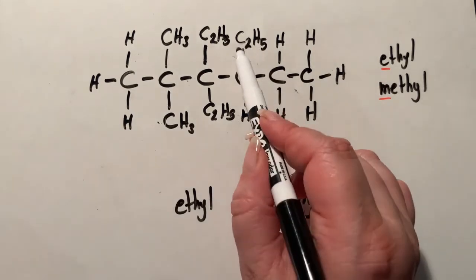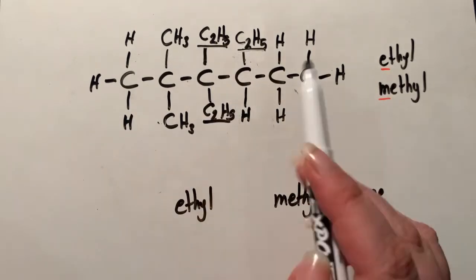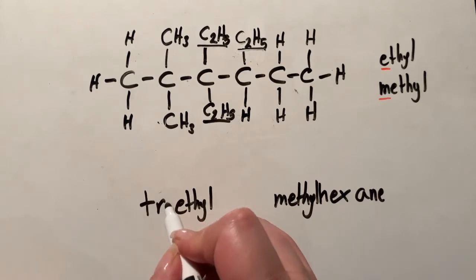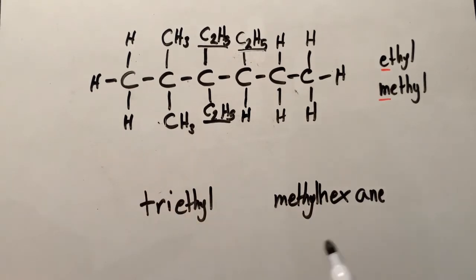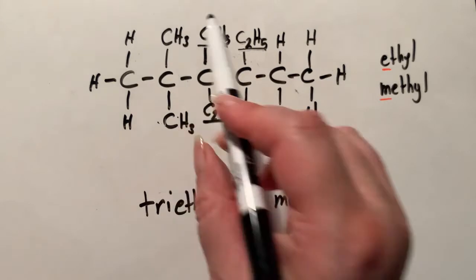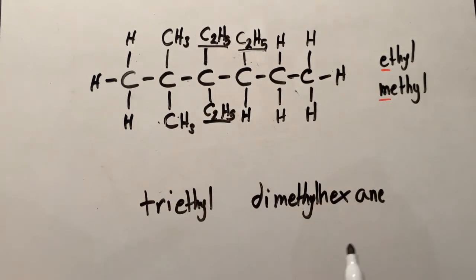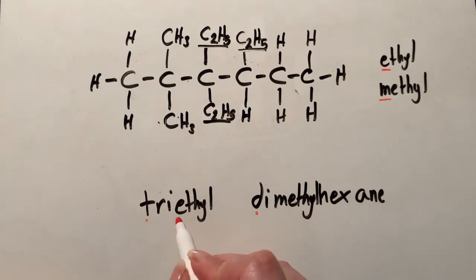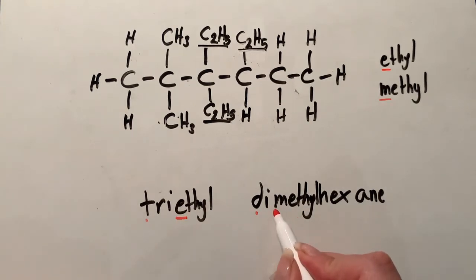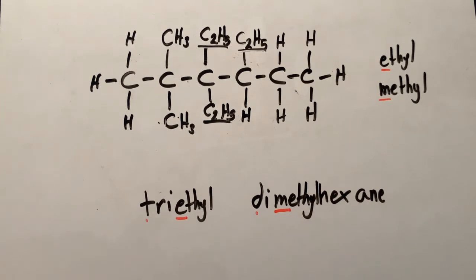We've got 3 ethyl groups, so that would be triethyl, and we have 2 methyl groups, which makes that dimethyl. So you can see that we're not taking the prefix into account alphabetically. We're sticking with the names of the groups that we're adding on.